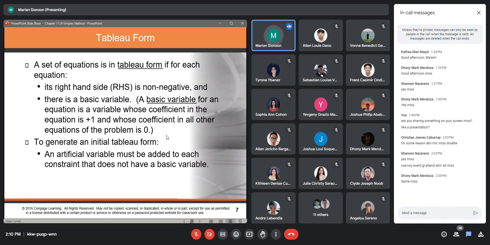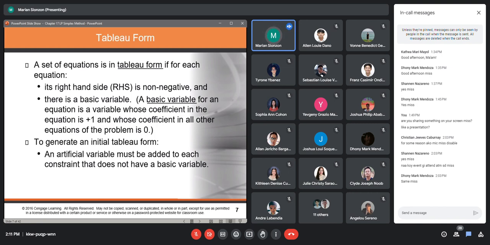A basic variable for an equation is a variable whose coefficient in the equation will always be positive and whose coefficient in all other equations of the problem is 0. It is plus 1 if it is present. If it is absent, the coefficient is 0.